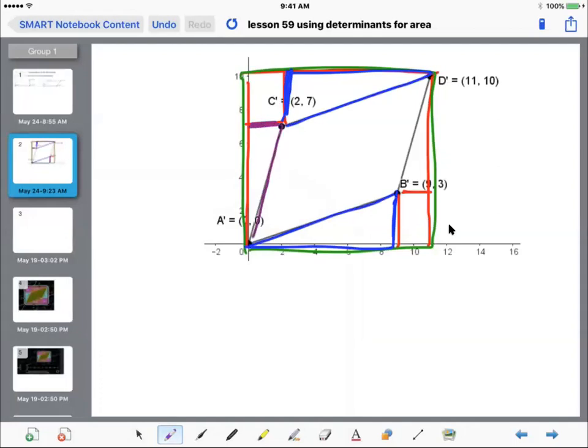And there are other ways to split this up, but you'll find that this way will be the most useful.